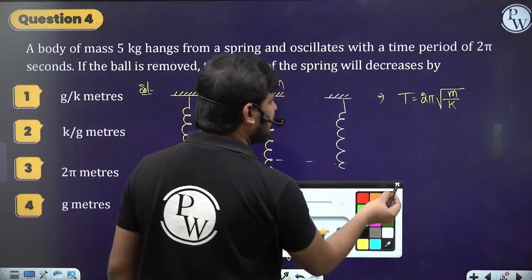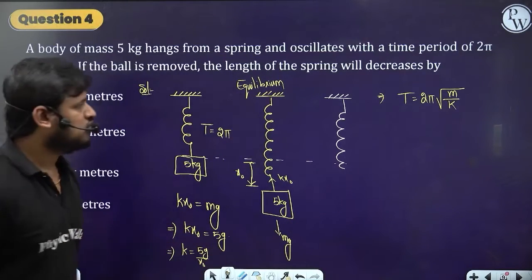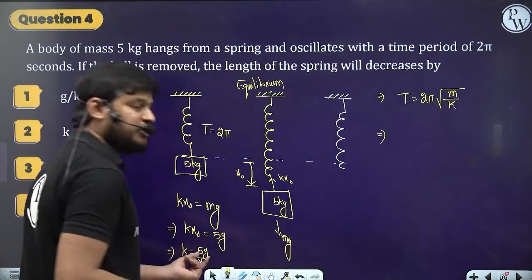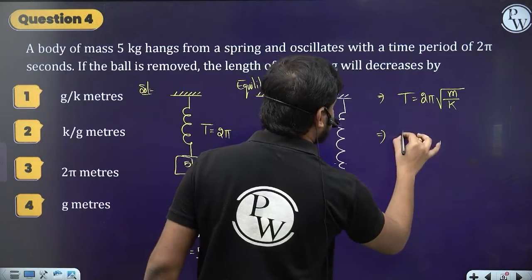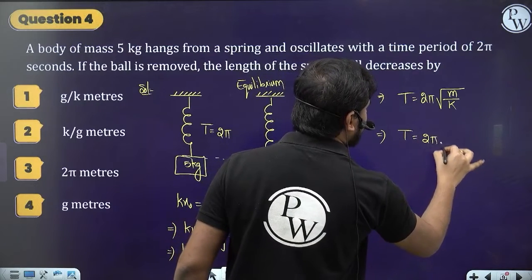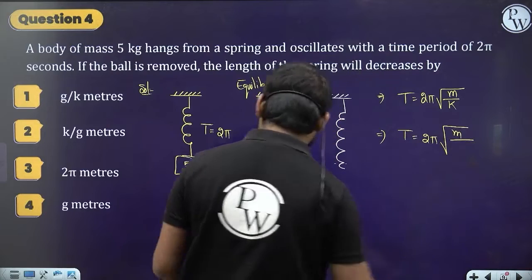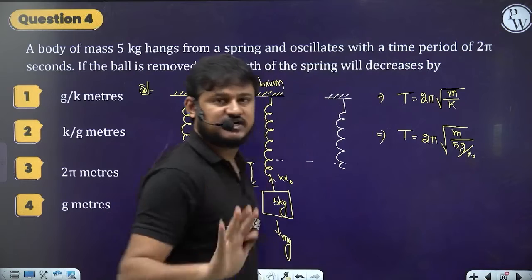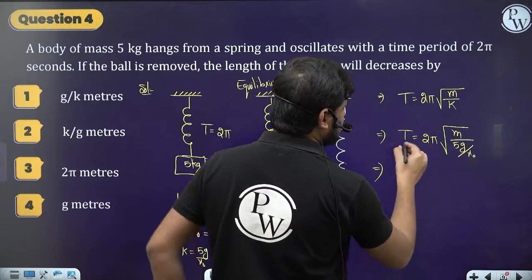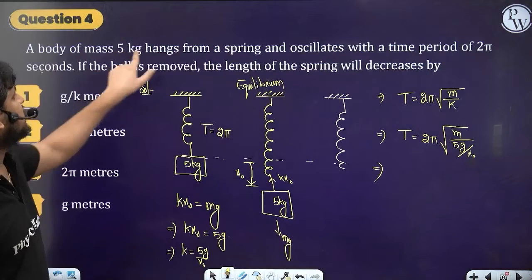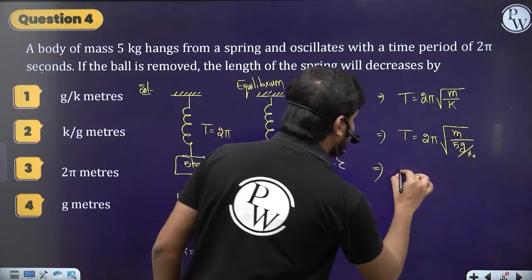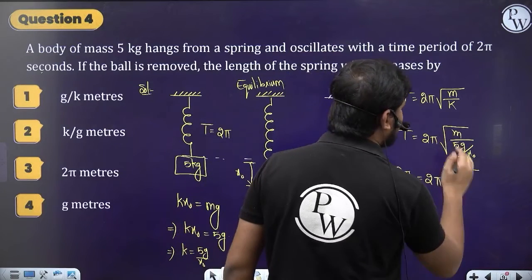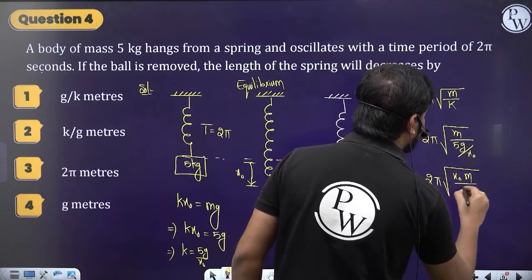So the time period is equal to 2 pi root over m by k, and in place of k I am writing 5g by x naught. Understand the things carefully. The time period they already gave in the question, so in place of time period I am writing 2 pi, which is equal to 2 pi into root over x naught into m by 5g.